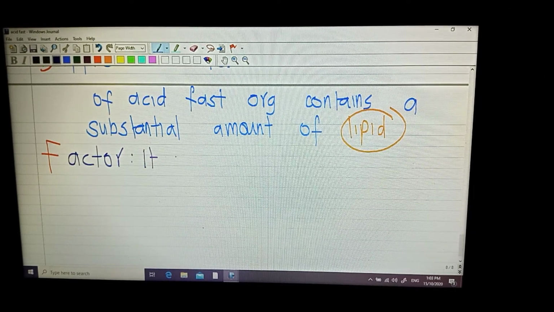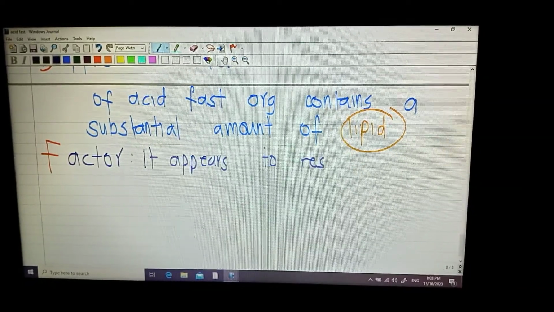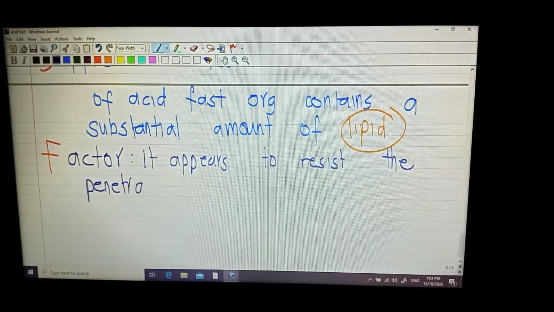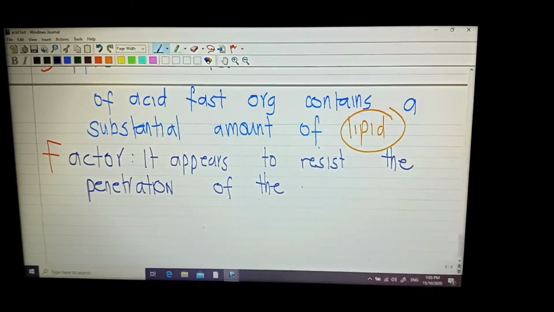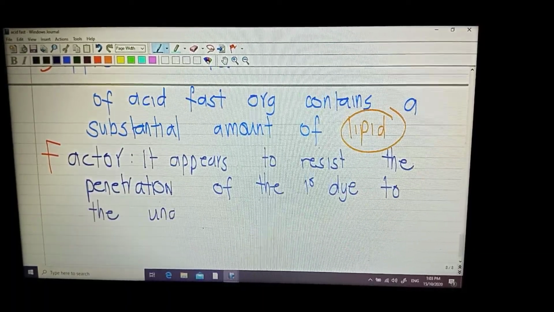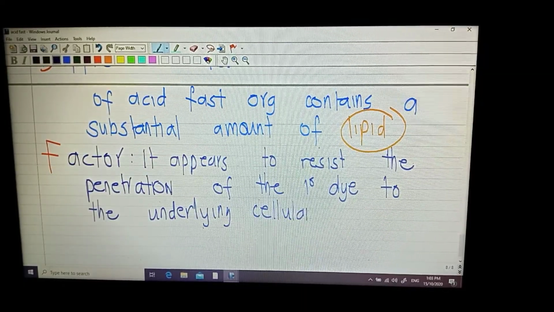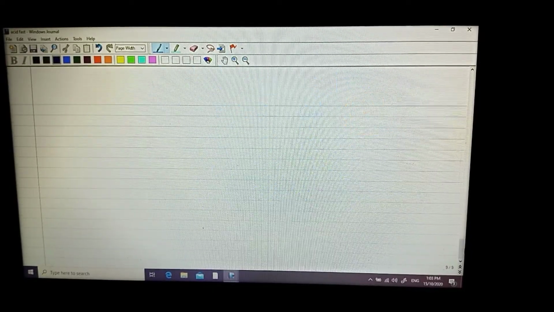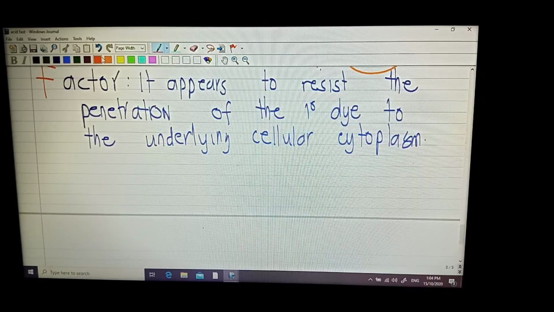Okay, that is another factor kung bakit sila mahirap i-stain.